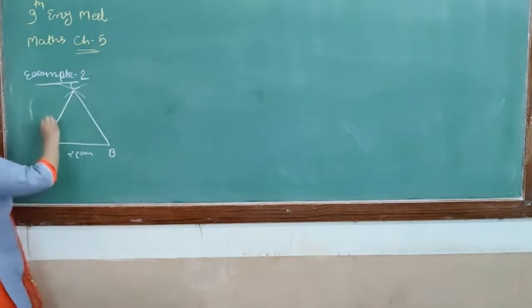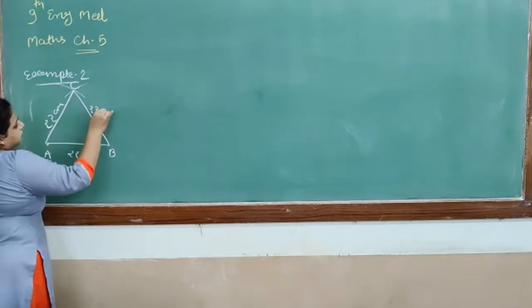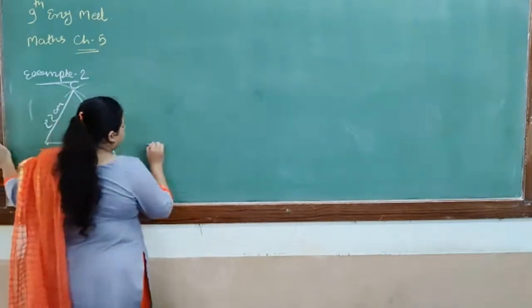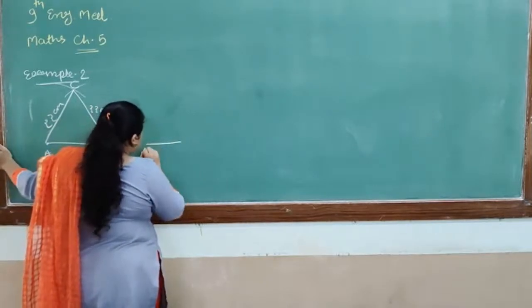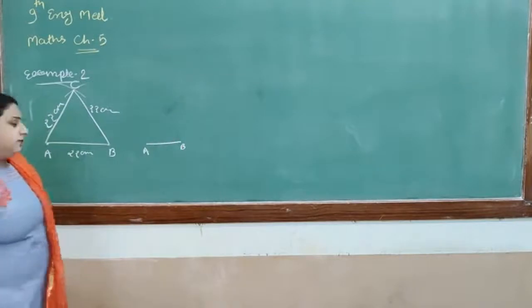Now, if you measure these two lines, you will get the same measurement. This way, if you take 5 centimeter, 9 centimeter, you will get everywhere 15 centimeter.